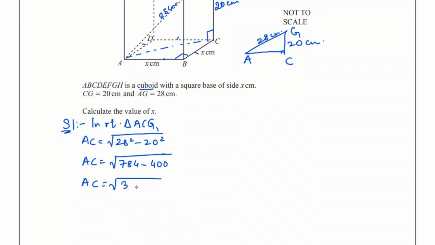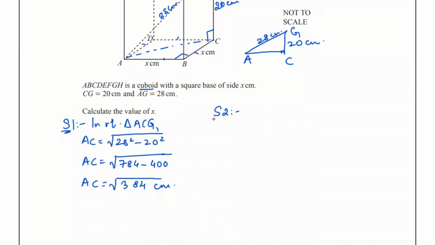That is under root 784 minus 400, so this becomes root 384 centimeters. Now we'll keep it as a square root only, because in the next step we will be squaring it.